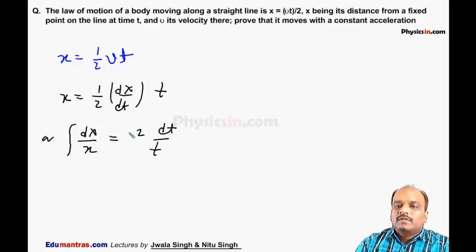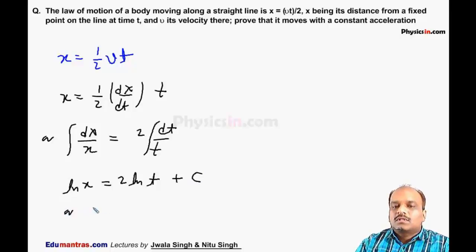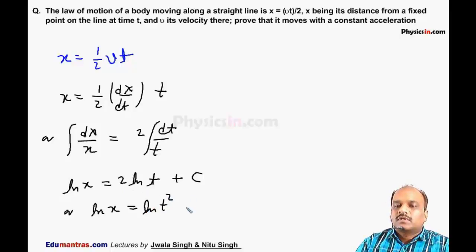If I integrate it, then we get ln of x is equal to 2 times ln of t plus some constant c. This can be written as ln of x is equal to ln of t square, because 2 ln t can be written as ln of t square, plus let this constant be ln of k.